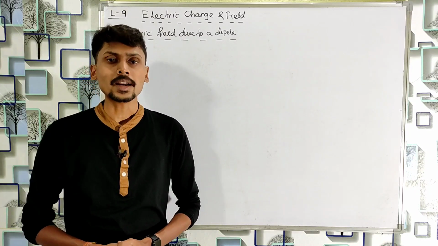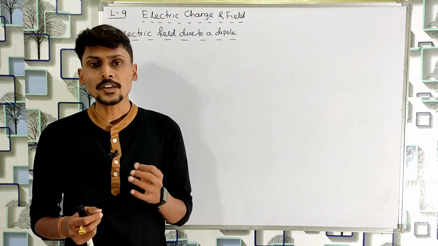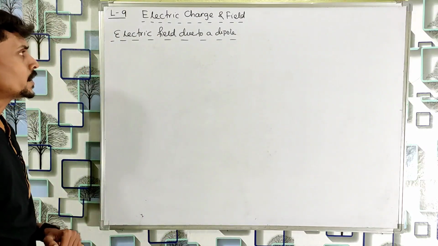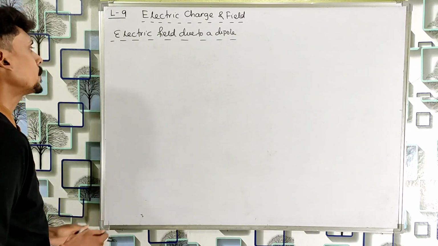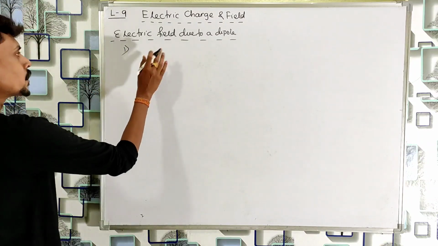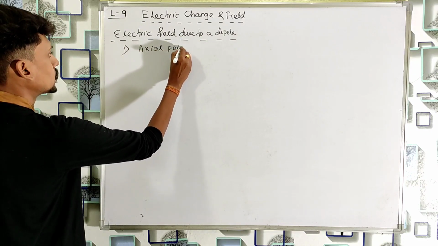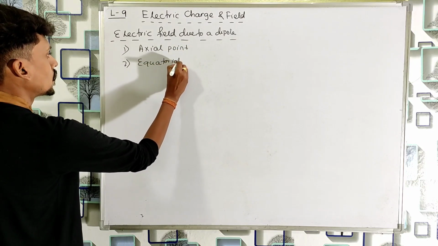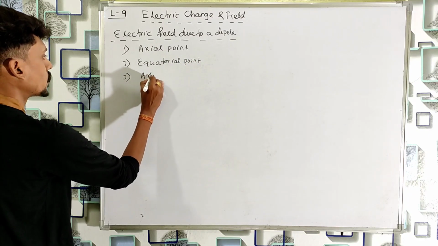So whenever we want to find the electric field intensity due to a dipole, we have to consider the electric fields produced by both the charges. Today we will derive an expression for the electric field due to a dipole, and the derivation will be under three headings. The first one is electric field due to a dipole at an axial point, at an equatorial point, and at an arbitrary point.